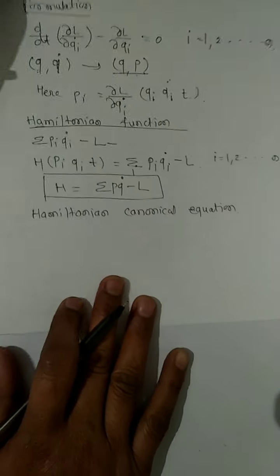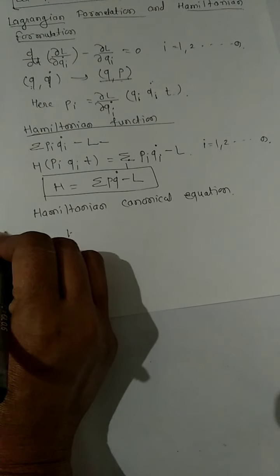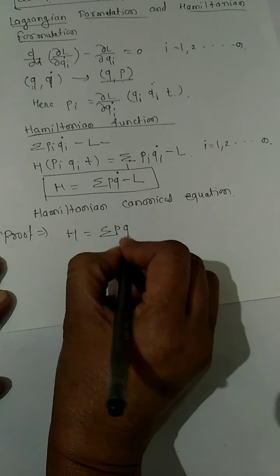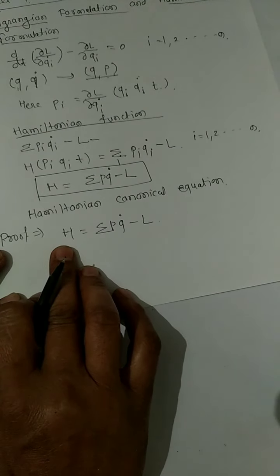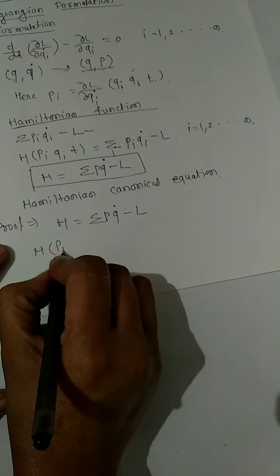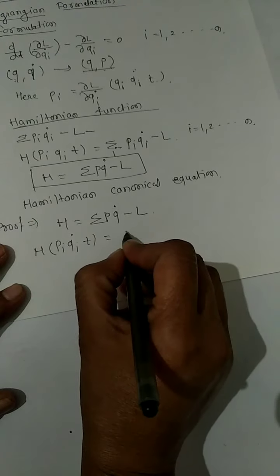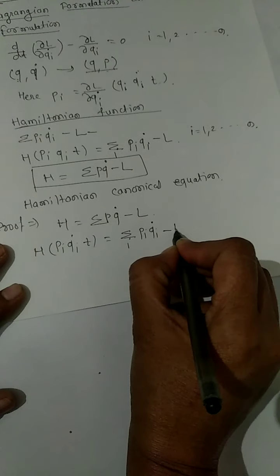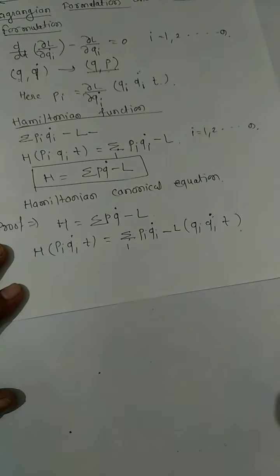Therefore, first write the Hamiltonian function, which is given above: H is equal to summation p q dot minus L, and here H is a function of pi, qi and t. Then write H of pi, qi, t is equal to summation over i of pi qi dot minus L of qi, qi dot, t.